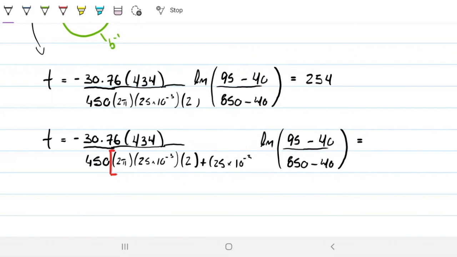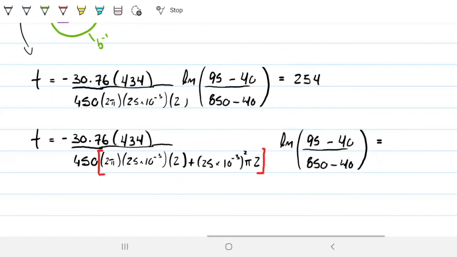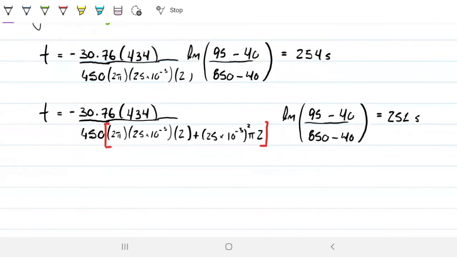We're going to check the units in just a second. Okay. What about the second one? I think it's going to be 251 seconds. Okay, so I just did the two different areas for the sake of comparison.